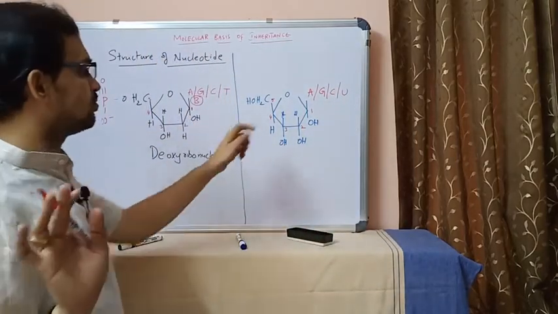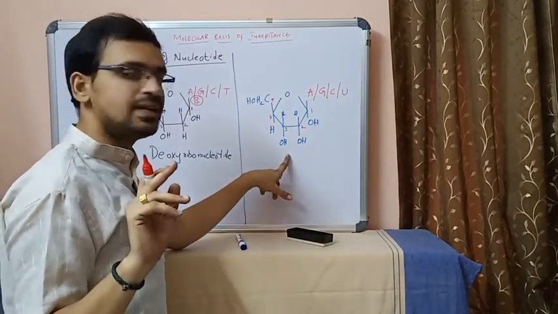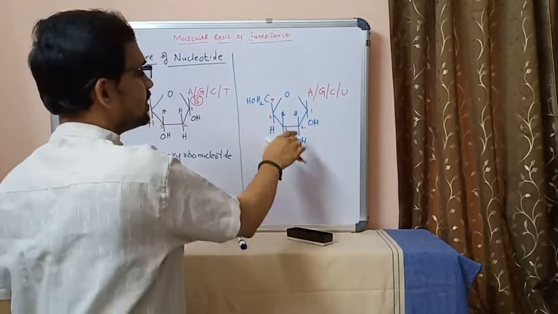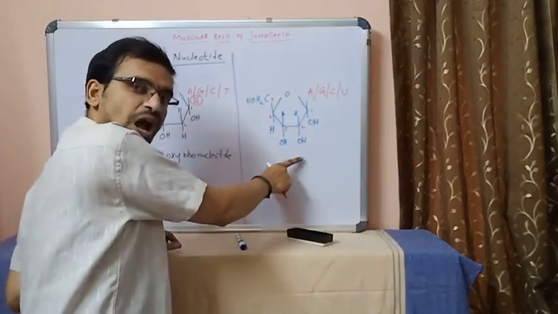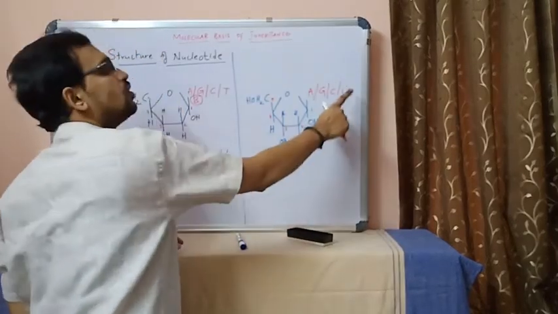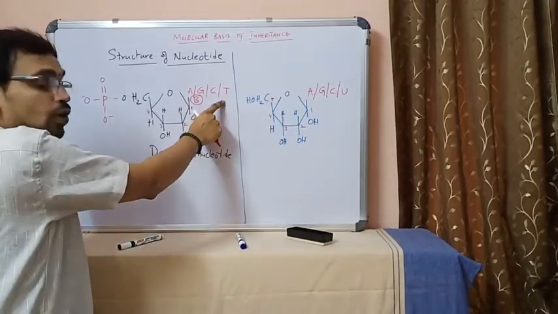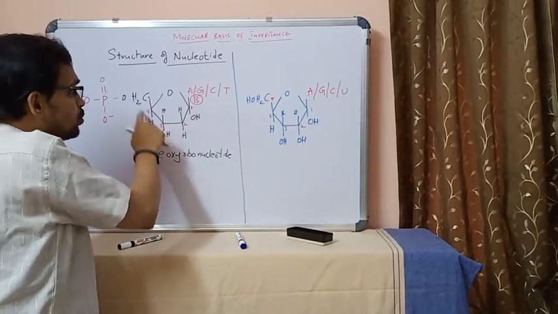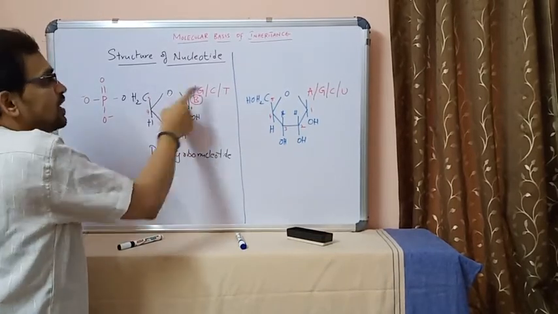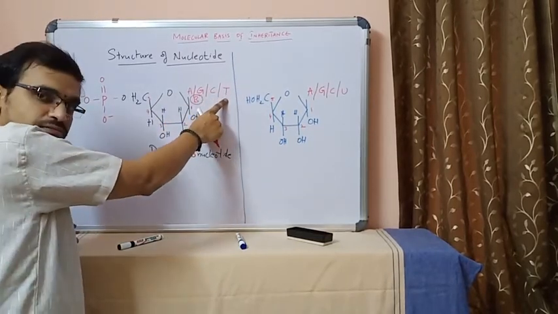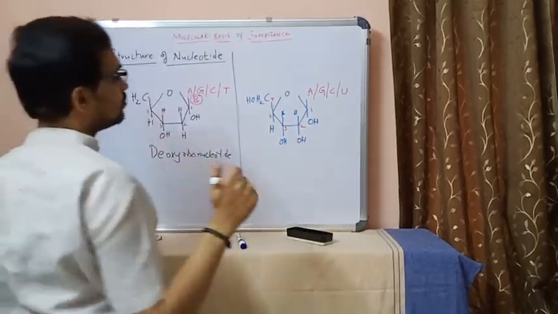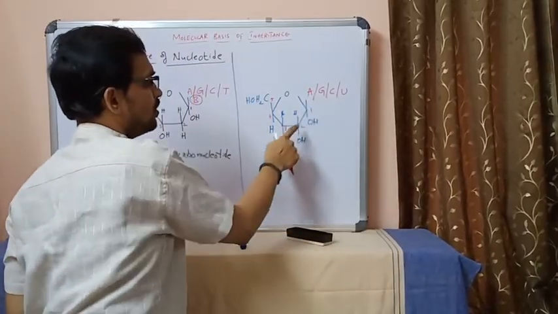No thymine, because in RNA thymine is absent. Uracil is here. In DNA, no uracil, because deoxyribose sugar is present in DNA. That's why thymine is there.